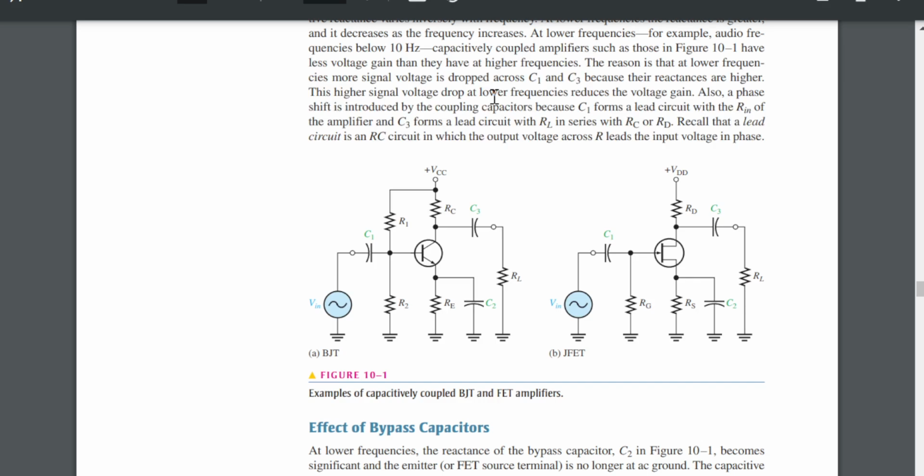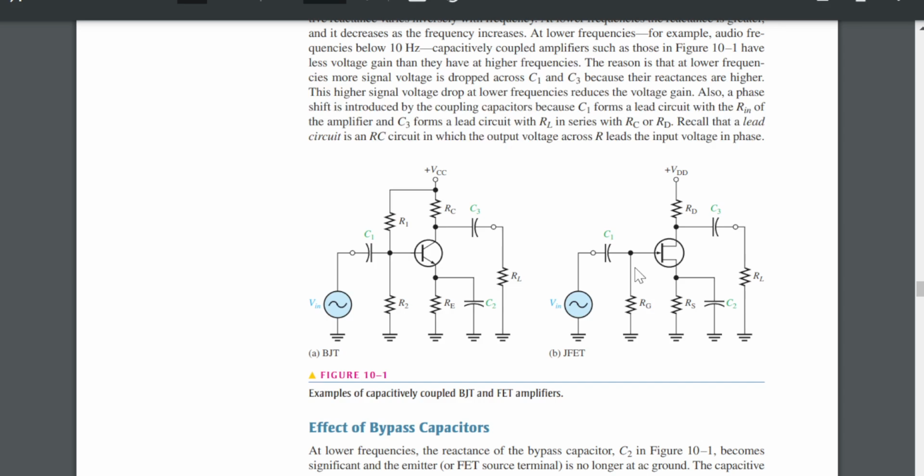This is another diagram, a JFET, junction field effect transistor, and this is the bipolar junction transistor diagram. You have also studied the gate, source and drain, the three parts of this amplifier. There are also three capacitors: first we discuss the two for coupling, and the third capacitor is a bypass capacitor.